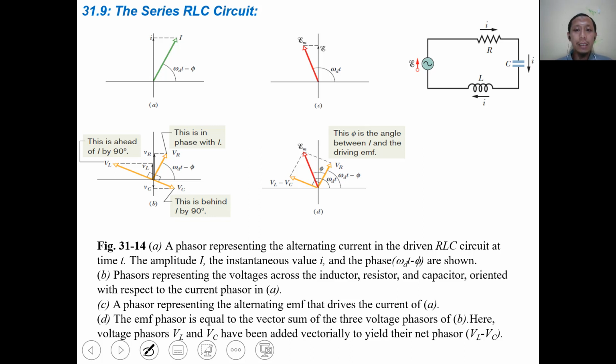This is the phasor representation of the alternating current in the RLC circuit. So this is VL, this is VR, and this is VC. VC is behind I by 90 degrees, the resistor is in phase, and the inductor is ahead of I by 90 degrees.